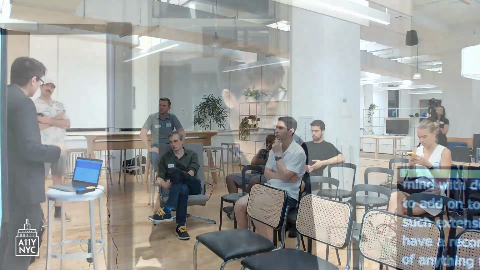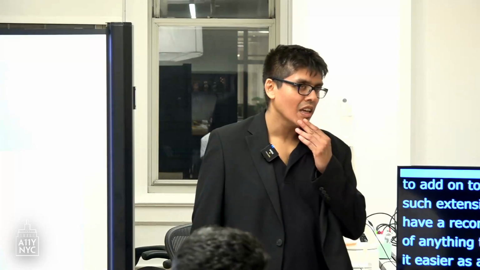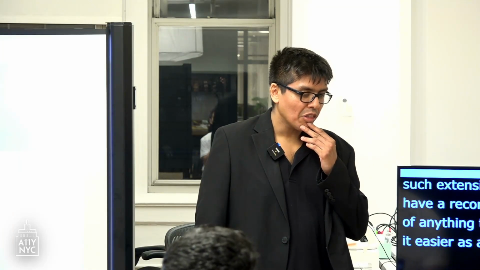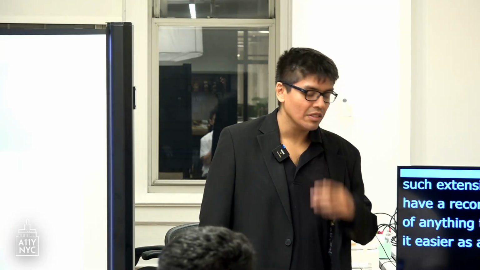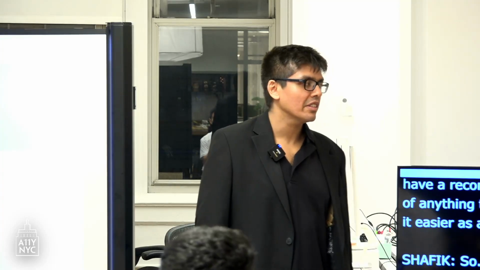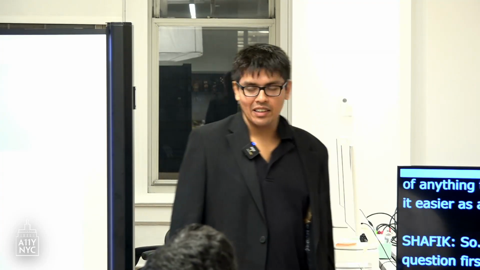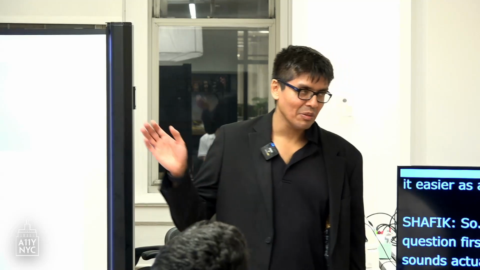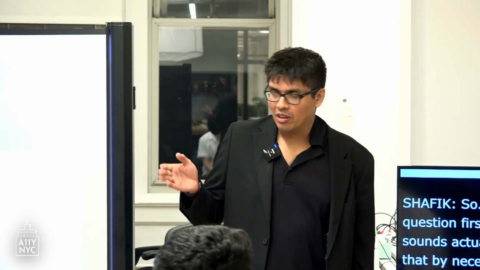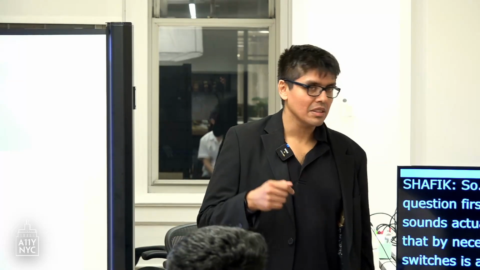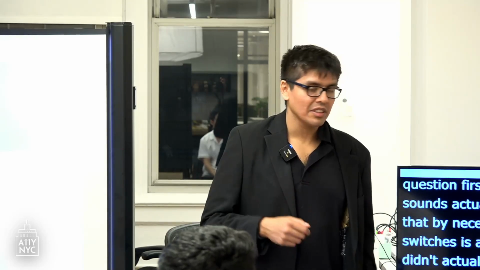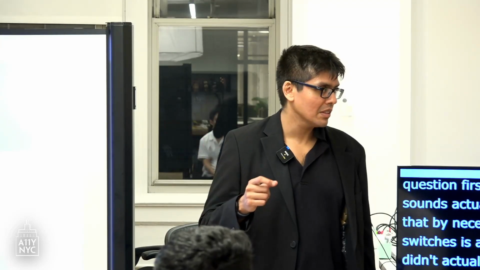I guess maybe the second question first sounds actually more interesting. I think that by necessity, configuration of the switches is fairly complicated. I didn't go through all the options there, but I do have a portion where I'm reading out all the options, and there's a lot to consider when configuring a switch. For example, how long is the time between switches?